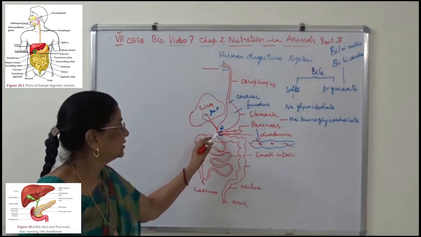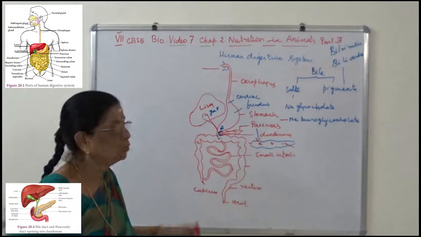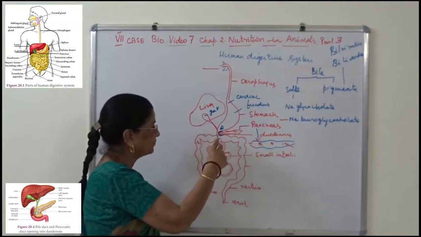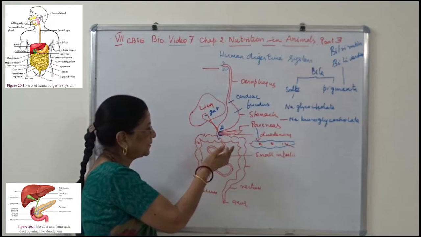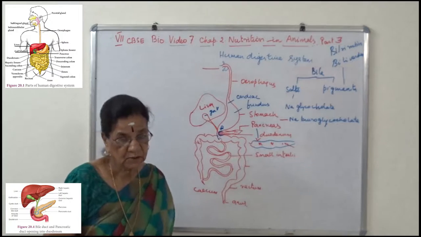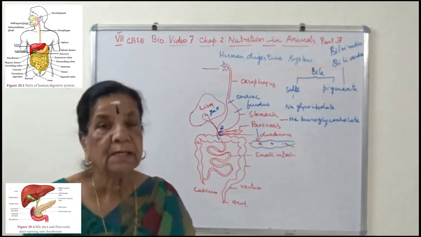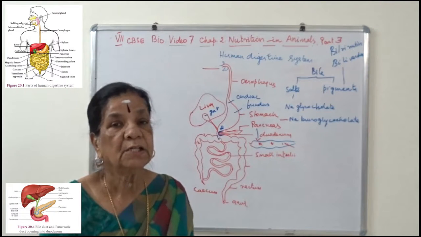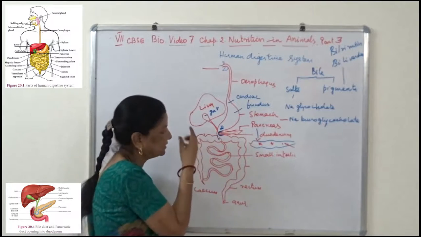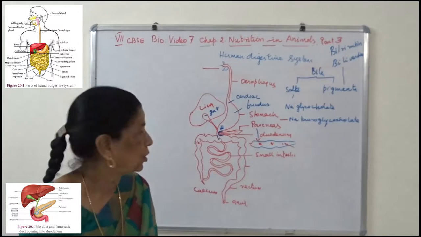The continuation is the inverted C-shaped duodenum, forming part of the small intestine. The small intestine has three parts: the inverted C-shaped duodenum, then the jejunum, and then the small intestine proper, called the ileum.